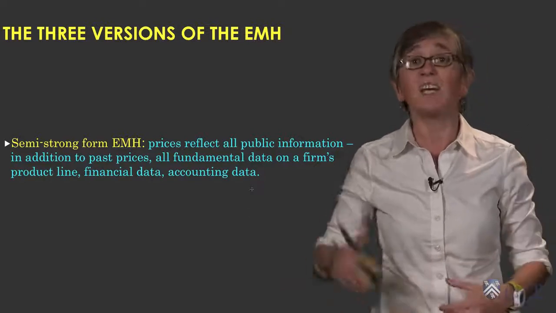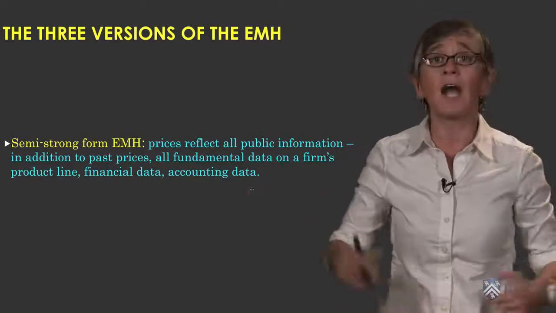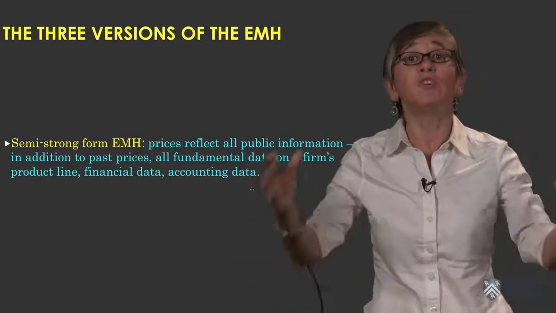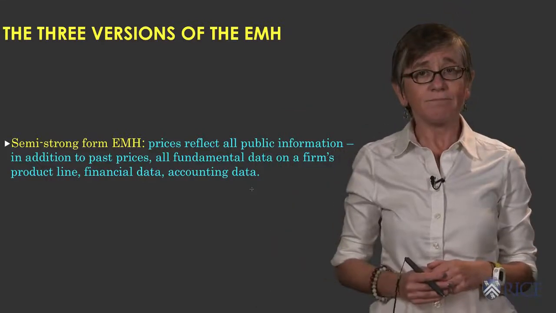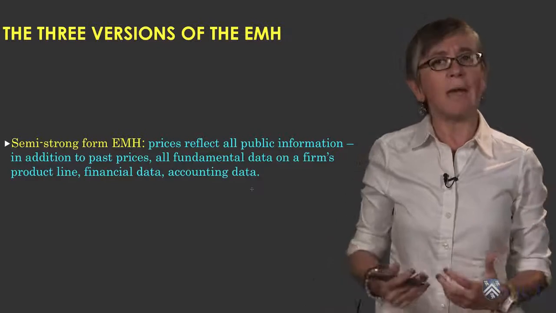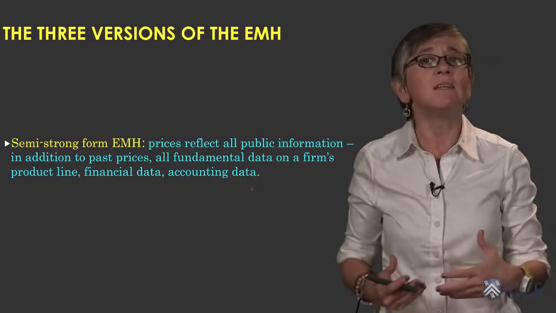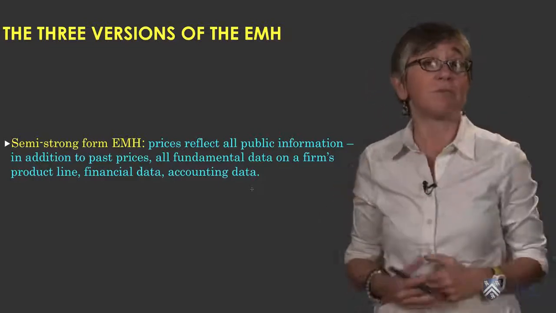It's accounting data, financial data, fundamental data, patents, product line, earnings forecasts, anything you can find out about a company in the public domain. So if markets are semi-strong efficient, one should not be able to predict prices based on any such public data, because that would already be reflected in prices.